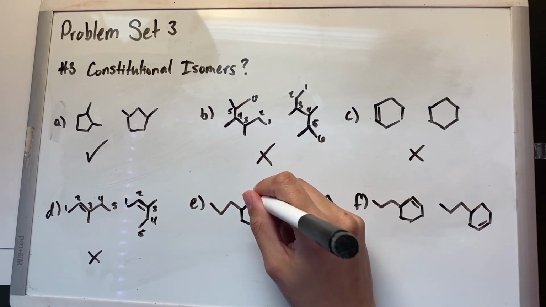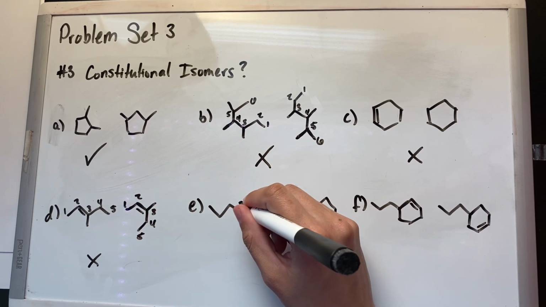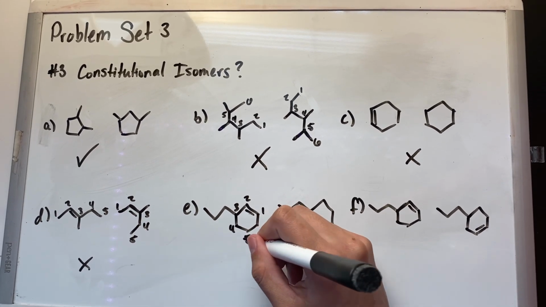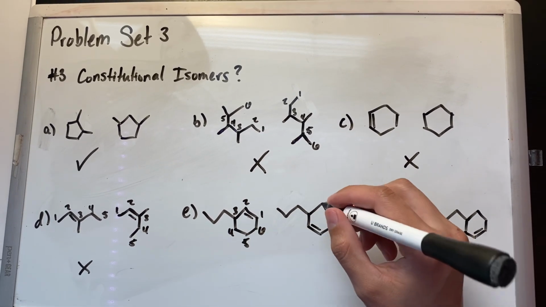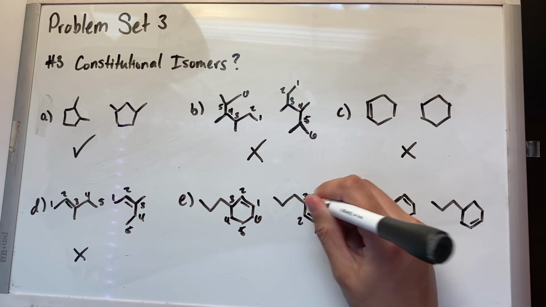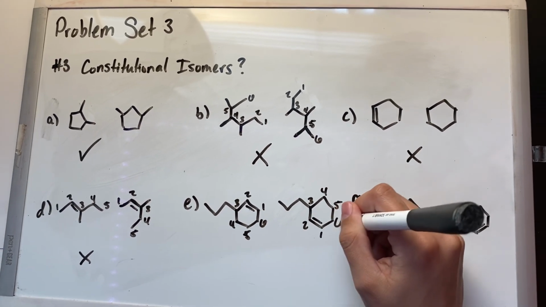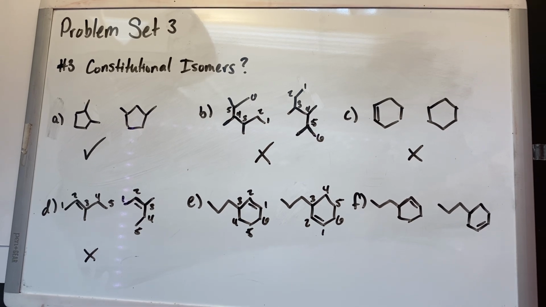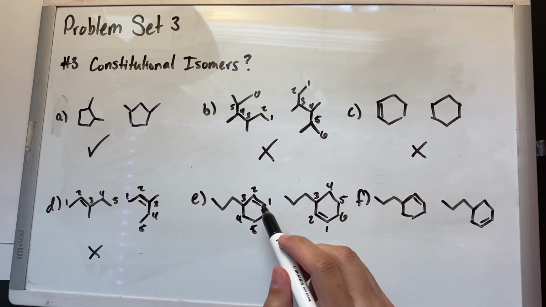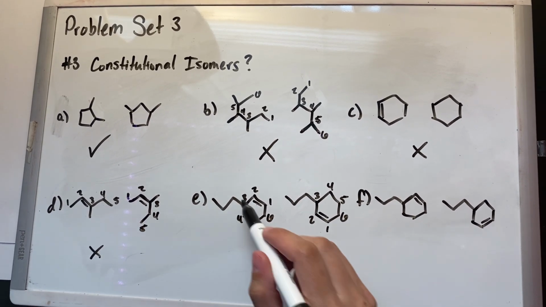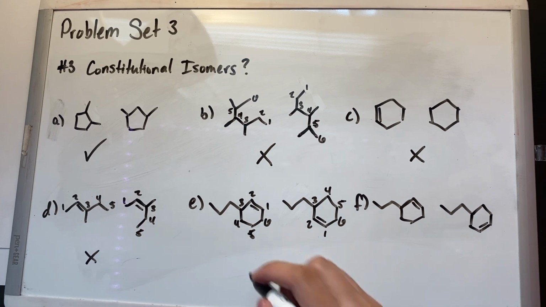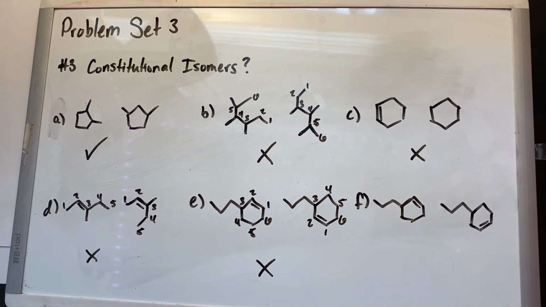So I'm gonna start here, work up this way, 3, work around the hex, and 6. And then on this one, I'm gonna start down here, 1, 2, 3, 4, 5, and 6. So what we can see is that the way we numbered these chains is with this group here coming off of carbon 3, and so these are actually the same connectivity and again are not constitutional isomers.